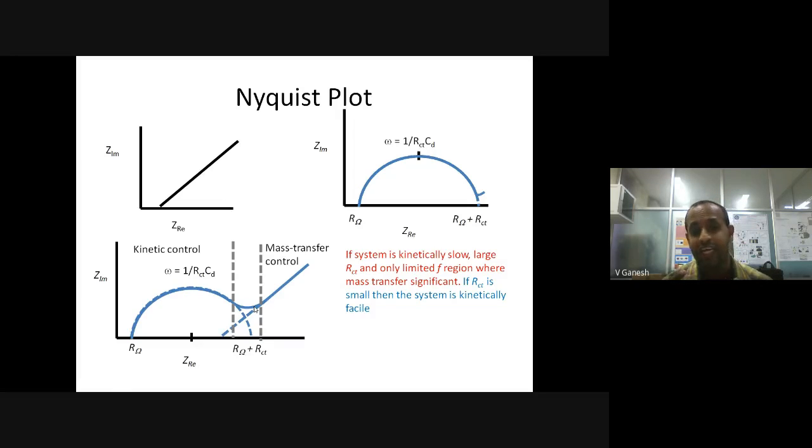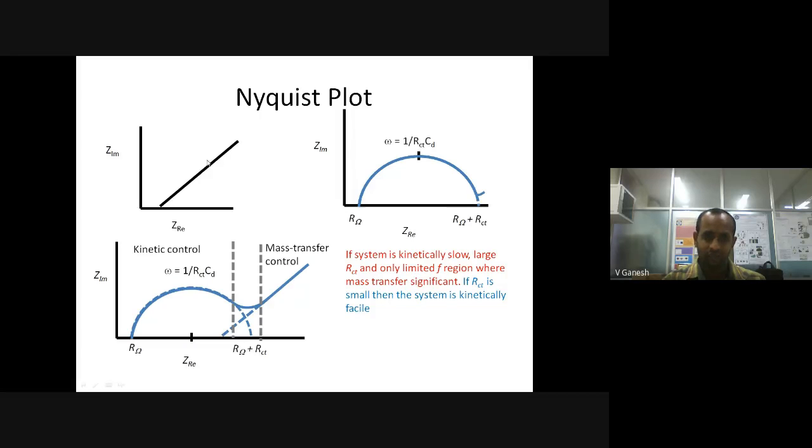That is very critical in energy storage devices, because this frequency provides information about how fast you can deliver the stored charge at your interface. So this is the kind of impedance measurement one would get for a mixed control regime.